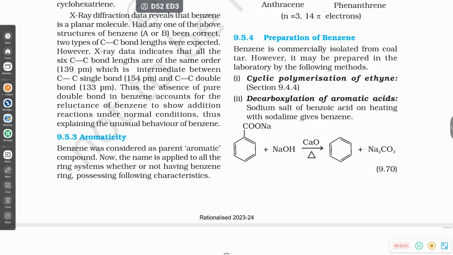This is decarboxylation of aromatic acid, where we studied soda lime, preparation of alkanes, the same reaction. But here I want the hydrogen in place of COONa. For example, if I want to prepare toluene, what will I take?